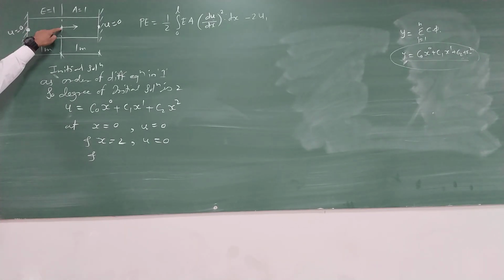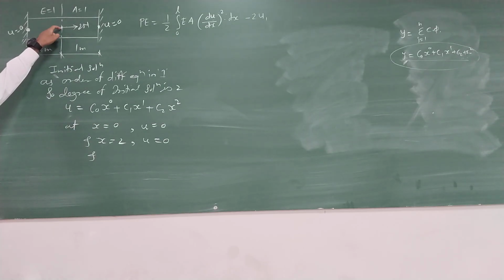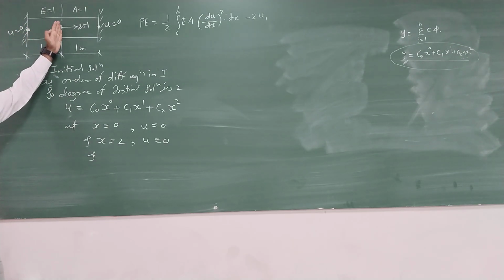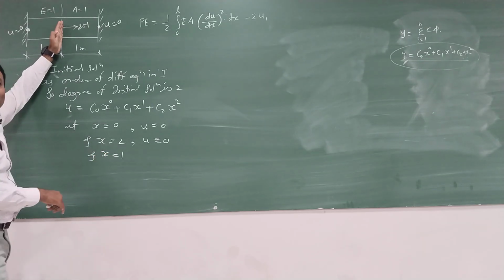consider the load point where the load is applied and that load is 2 Newton. So here we have applied the load. So if I take x from this point, इथं x is equal to किती येणार? x is equal to 1.